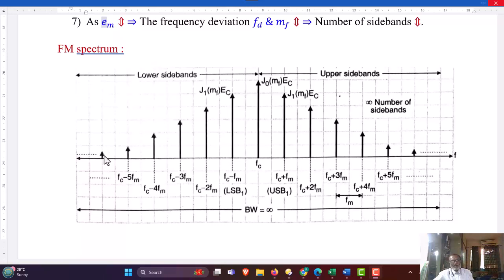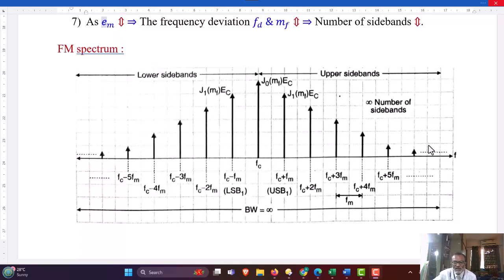And we will consider only up to the significant sideband amplitudes. When the sideband amplitude is very, very small, we can ignore it. So we will see here there are so many frequency components generated. In AM, we get only three components: the carrier component, the lower sideband component Fc minus Fm, and the upper sideband component Fc plus Fm.